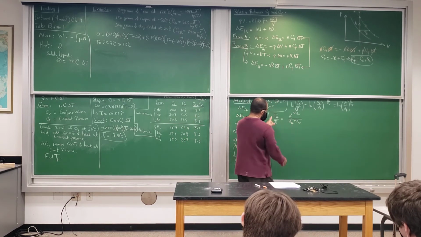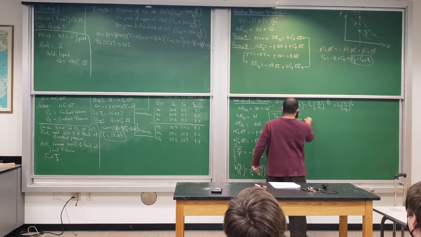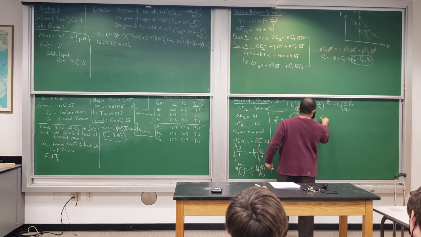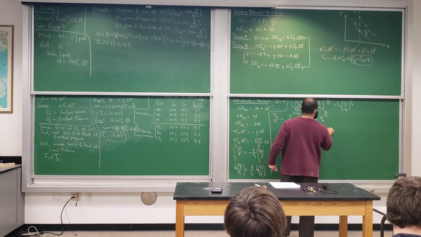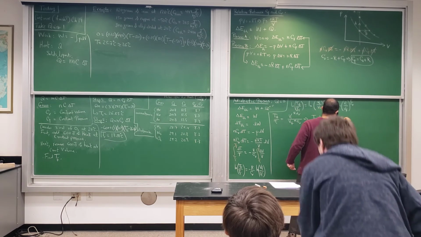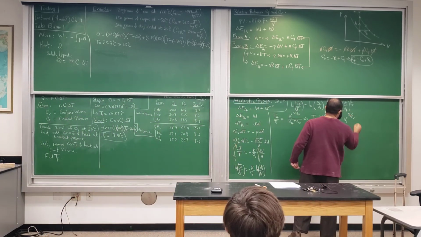And cross multiply so that we have finals on one end and initials on the other end. So we get T final, V final to the R over CV is equal to T initial, V initial to the R over CV.